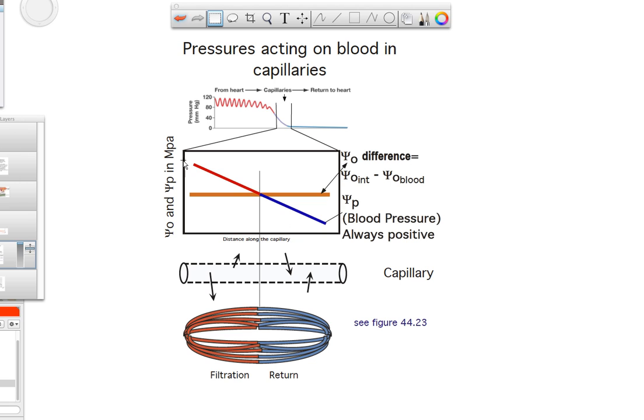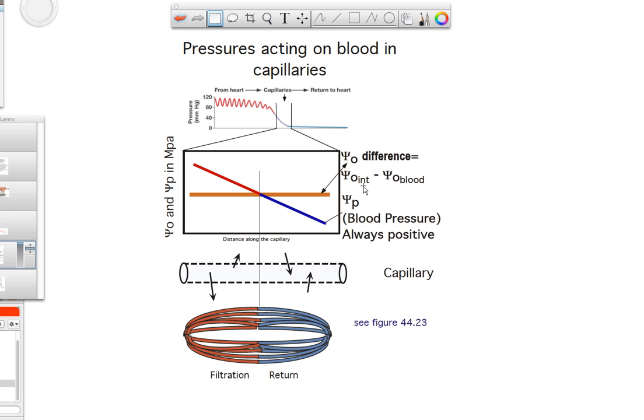Okay, so I said that this is the difference in blood pressure. It's always a positive number because your blood pressure can't be negative and doesn't quite get to zero in the capillaries. The osmotic potential is really the difference in osmotic potential between inside the fluid and outside the fluid.